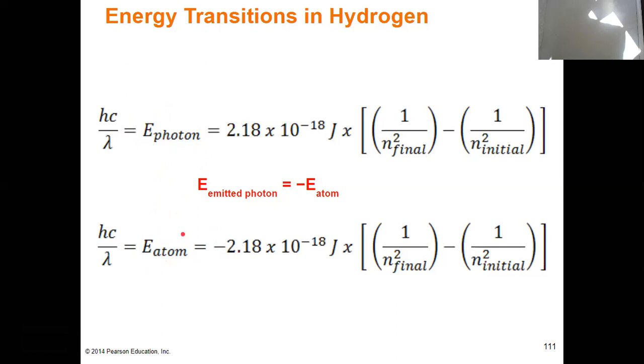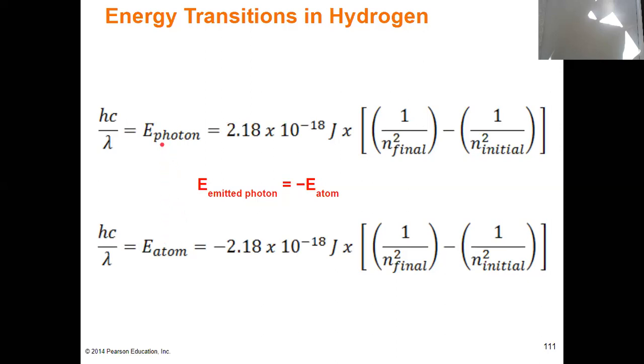It's like back in chapter 6 in the thermochemistry section when we said the heat that is released from one thing has to be absorbed by the other thing. So in this case, if an atom releases energy, that energy is transferred to the photon. If the atom absorbs energy, it's absorbed from the photon. So whatever the amount is, these two things will be opposite values of one another.